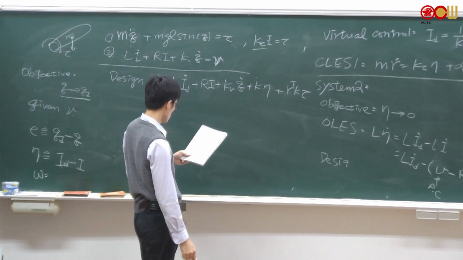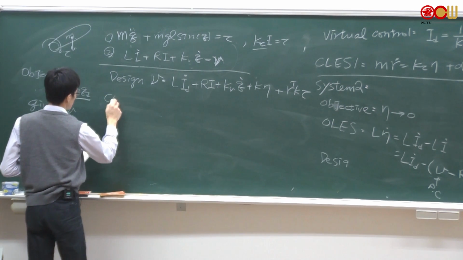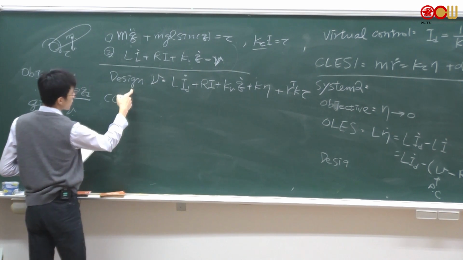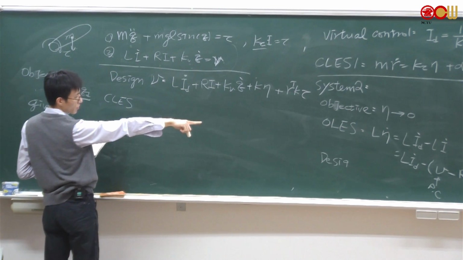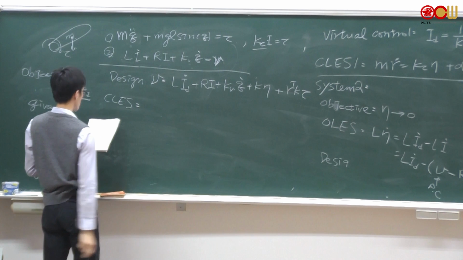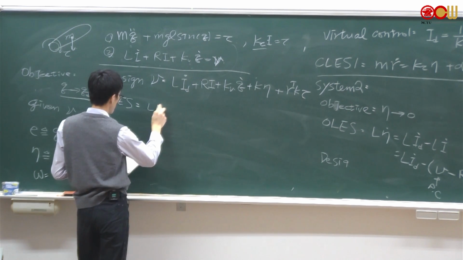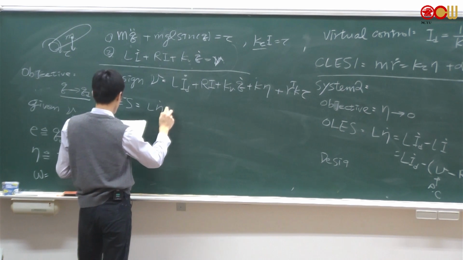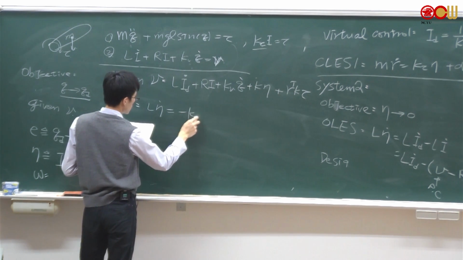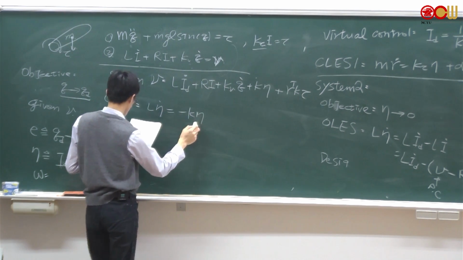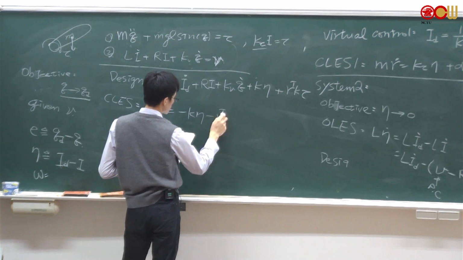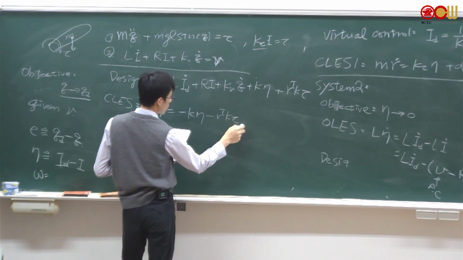K tau. Then the closed loop error system: I substitute this controller into that open loop error system, and you get a closed loop error system. That is L eta dot equal to minus K eta minus r transpose K tau.